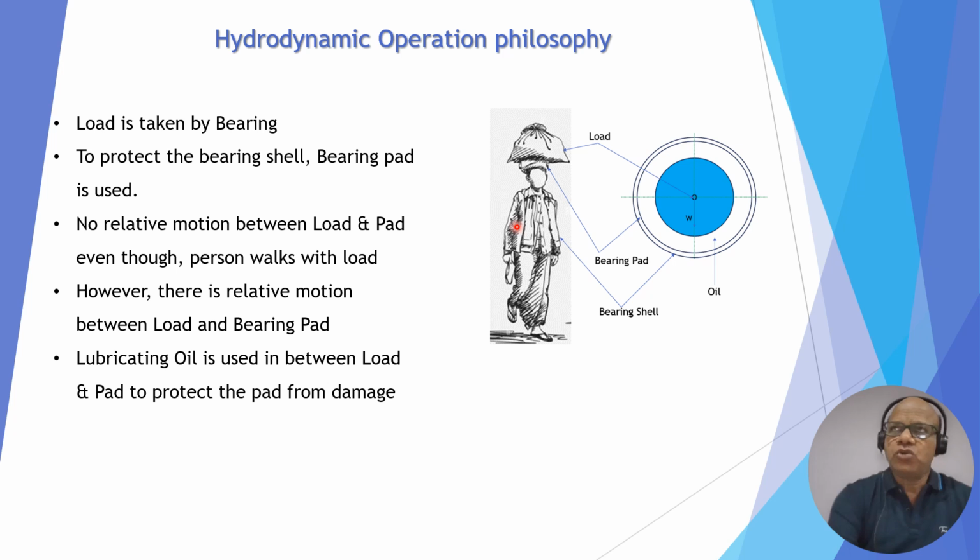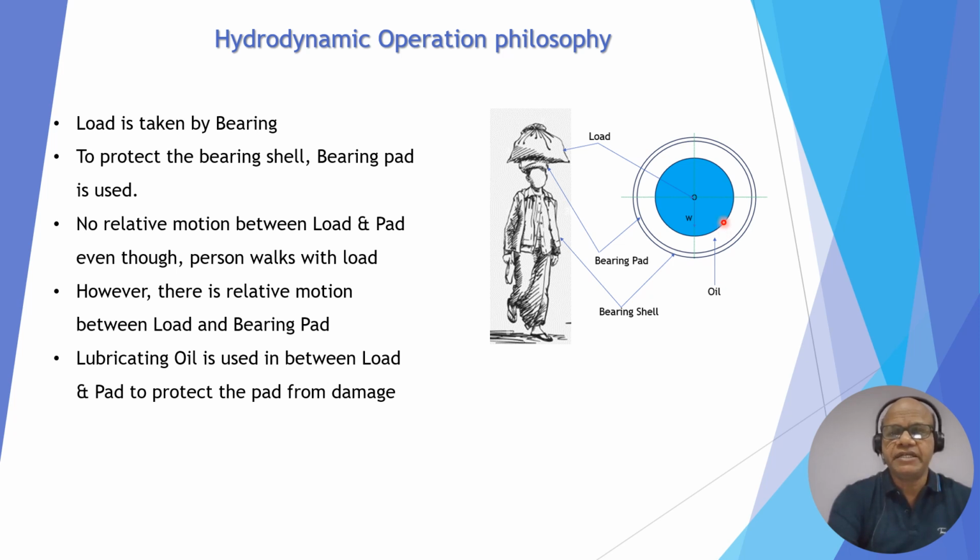This man is taking the load and moving, you can see. But if you look carefully, there is no relative motion between the load and the pad. But in the case of shaft and bearing, it is used to take the load when the shaft is moving.